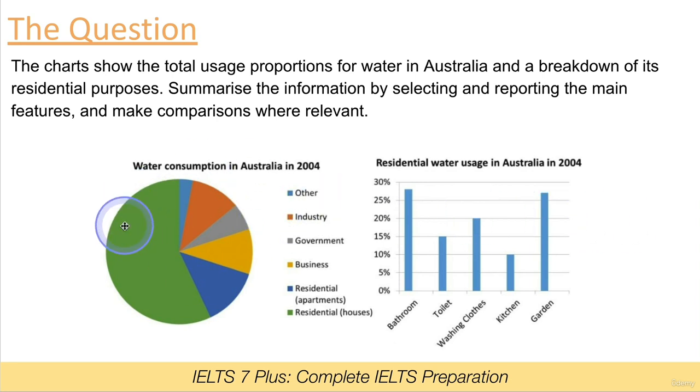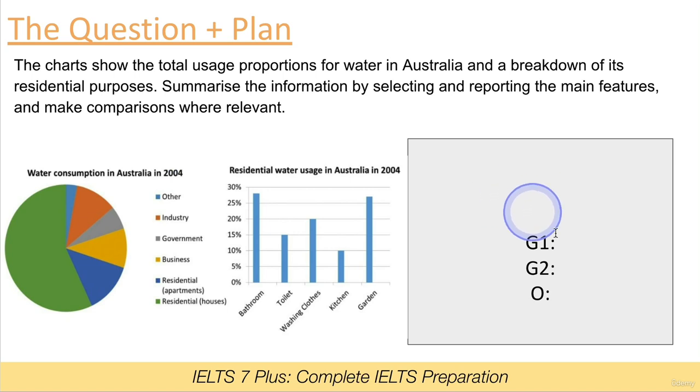Well, the logical way to group would be to touch upon the residential houses and apartments being the largest share, and then we can talk about how this is distributed amongst the houses and apartments. Then in the next group, we can focus on the other areas, which we don't obviously have data for, but we can talk a bit about them. So this will be the biggest paragraph about residential use, and then we'll touch upon the other areas in the second group. So with that in mind, then let's head to our groupings. We'll write down our notes.